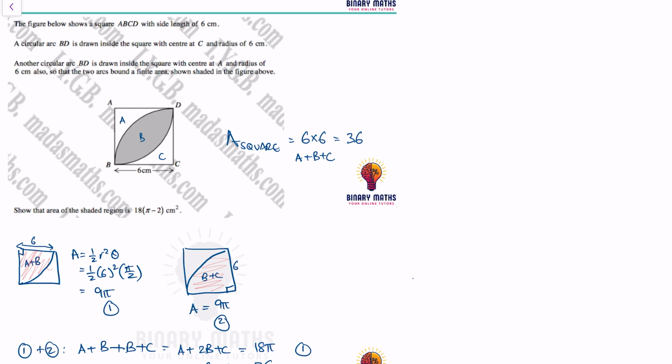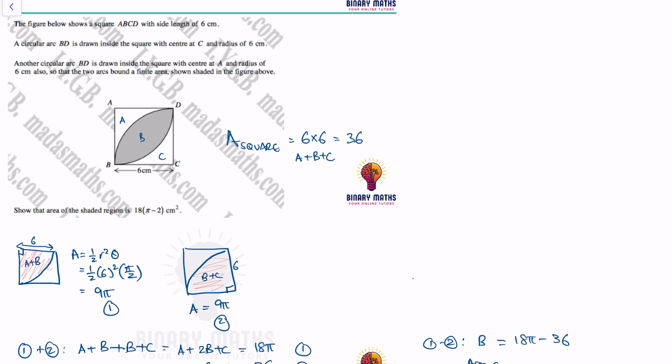Now if this is equation 1 and this is equation 2, then if I do 1 take away 2, A take away A will be left with nothing. 2B take away B will be B, which is what we're trying to find out. C take away C will give me nothing. 18 pi take away 36. So B is equal to 18 pi take away 36. And B is the area of the shaded region anyway.